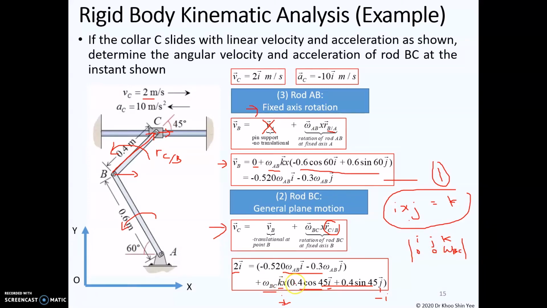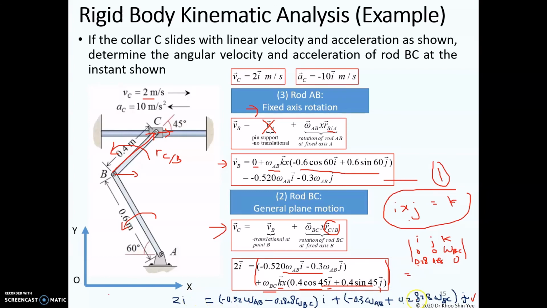Then you cross it with 0.4 cos 45 in the i direction, which gives approximately 0.28, plus 0.4 sin 45, which is equal to 0.28 in the j direction here, and you have 0 value in the k direction. So after you perform this, you should obtain the answer in the j and negative i direction as well. After you perform the calculation on the right hand side, you should obtain this answer.